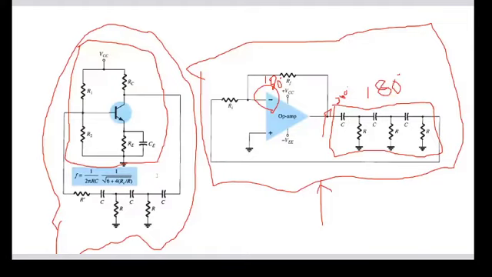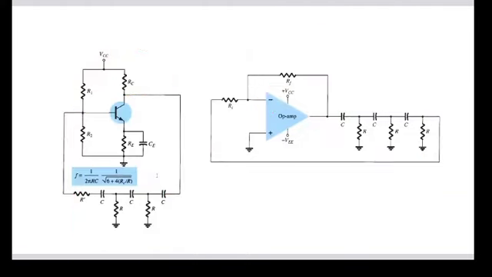Here I am taking the output and giving it as feedback to the input of the amplifier. I'll redraw this. Here you can see the output is given to the RC feedback network, and the output of the feedback network is given to the input here. This circuit is nothing but an RC coupled amplifier.